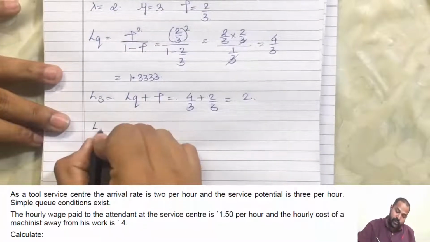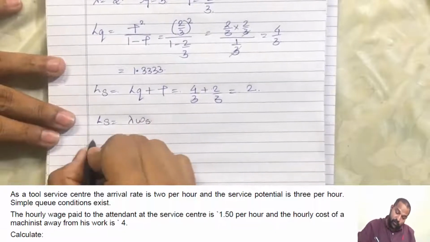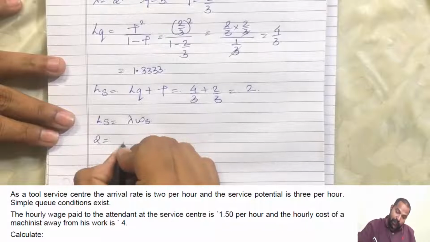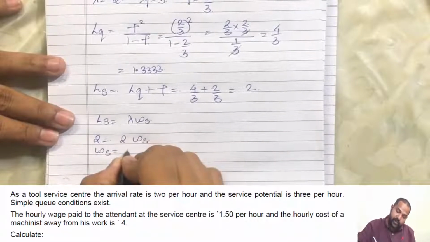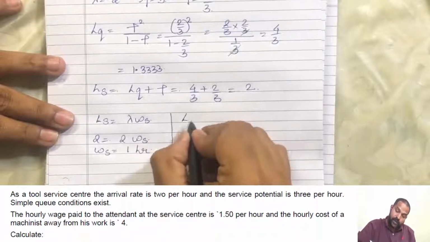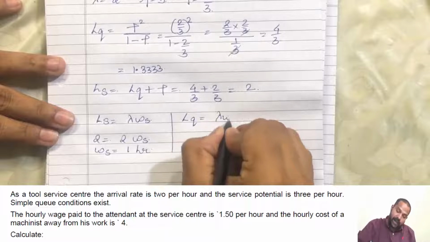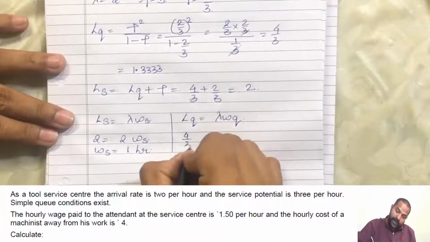Length of the system is lambda Ws. Length of the system is 2. Lambda is also 2. So waiting in the system is 2 by 2, which is 1 hour. Length of the queue is lambda Wq. Length of the queue is 4 by 3.